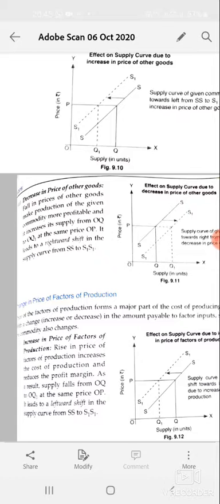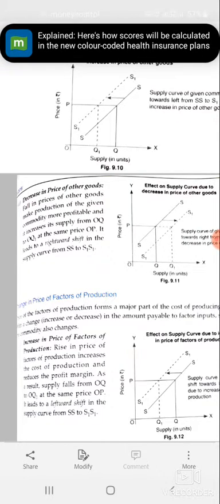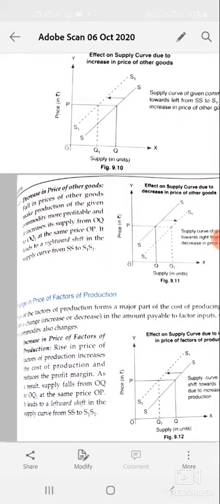Again, second, decrease in price of factors of production. If land, labor and capital become cheaper than earlier, then the production cost for the producer comes down. When the production cost is down, the profit margin will increase. The producer's main objective is to gain more profit.